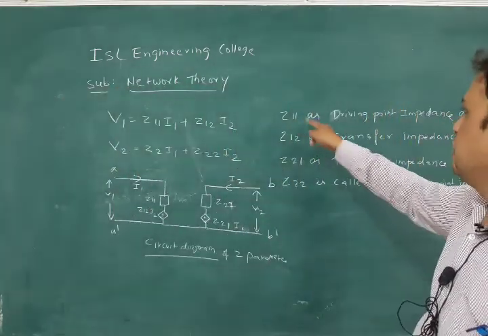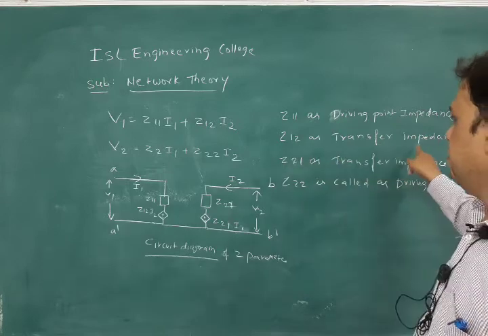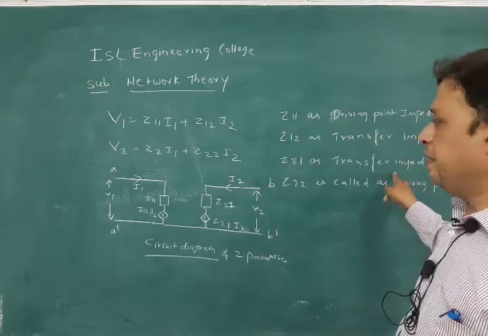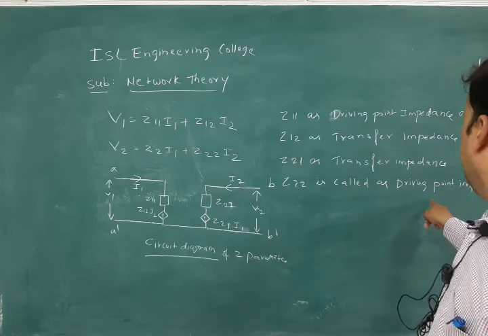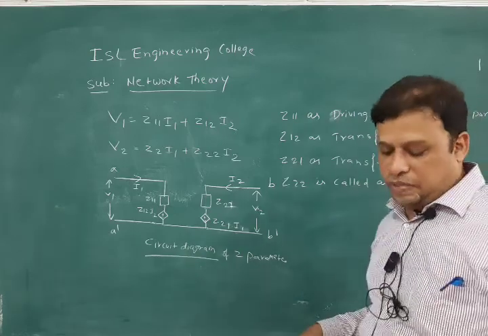So Z11 is called driving point impedance, Z12 is called transfer impedance, Z21 is also transfer impedance, and Z22 is called driving point impedance at port B dash.